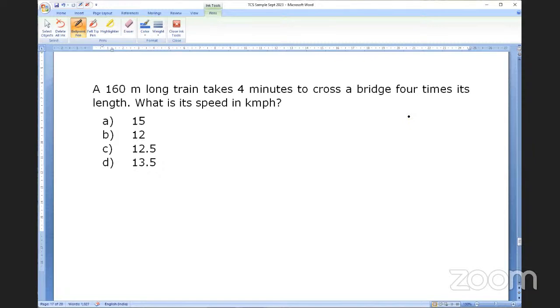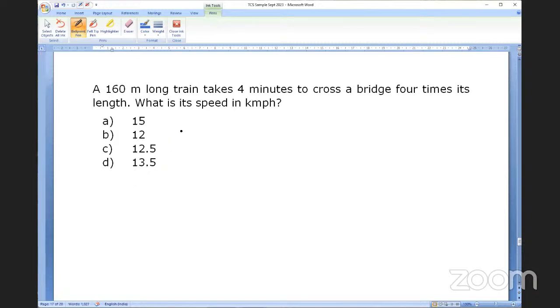Fair enough, Sharma ji. We'll check. Let's see the classical take and the easy take.